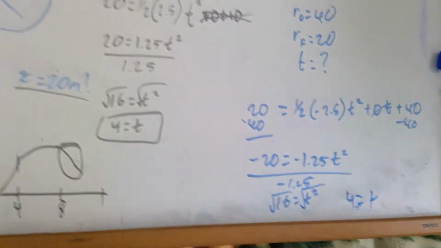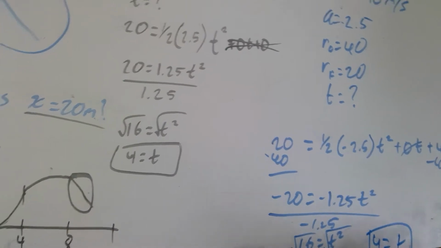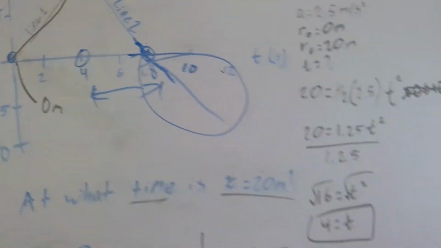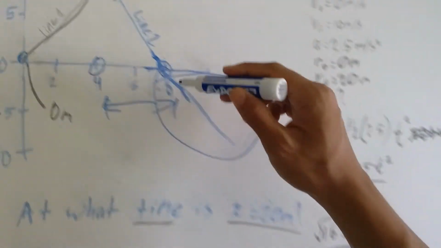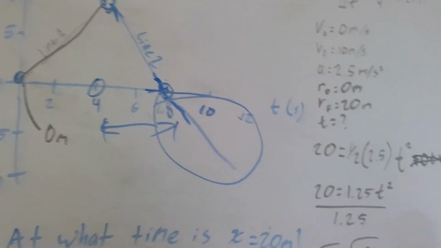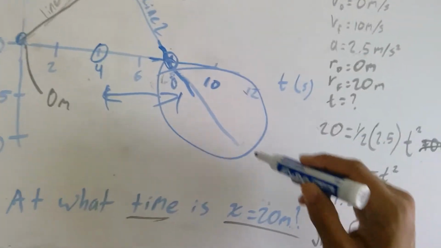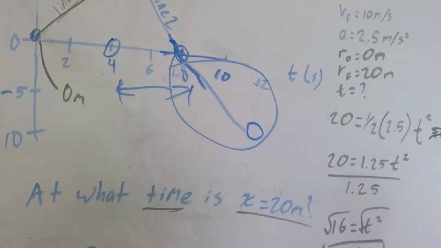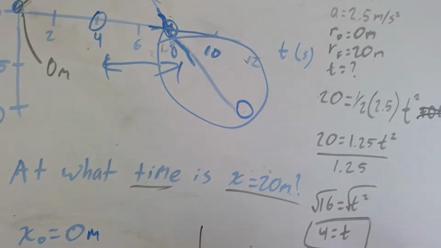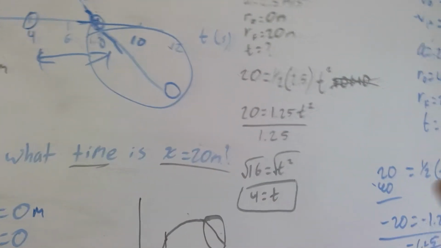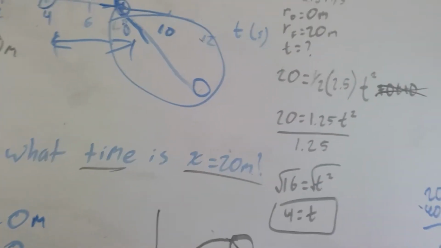And so 4 is again equal to t, but this is only after 8 seconds, which is here, meaning that after 4 seconds from this point, x is going to equal 20, meaning the time is equal to 12. To get to 20, it takes 12 seconds.